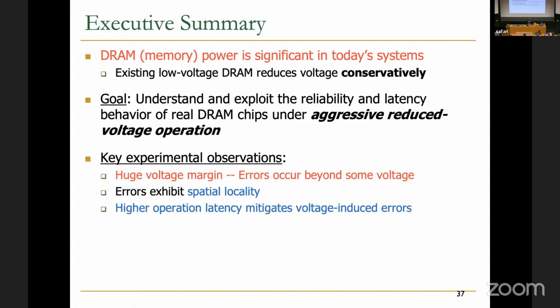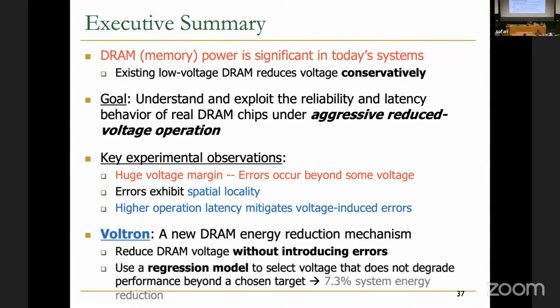Our key observation is that you have a huge voltage margin in the safety margins, also known as guard bands. Errors can occur in very low voltages compared to the nominal voltage specified in the datasheet. And errors exhibit some spatial locality, and higher operational latency can mitigate these reduced voltage-induced errors.